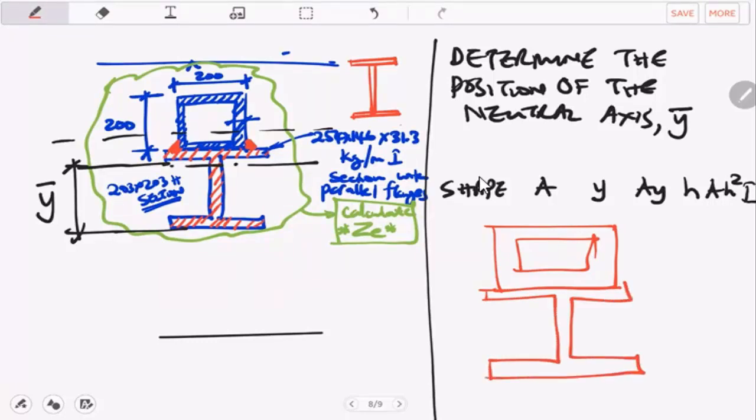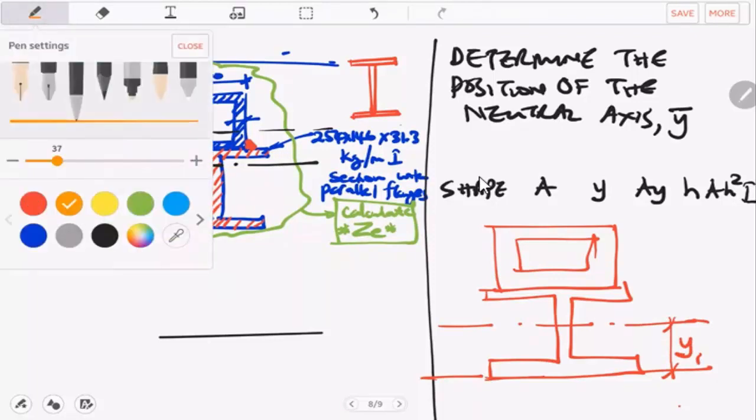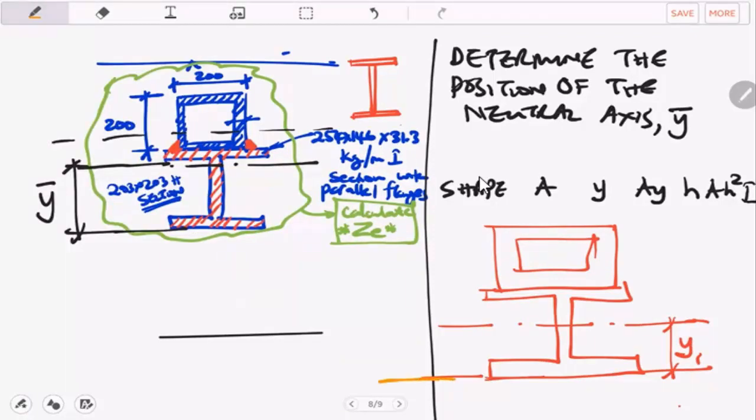From our reference at the bottom, we want to find the distance y1 to the centroid of the I section, and also the distance y2 from the reference to the center of the square or lower section.